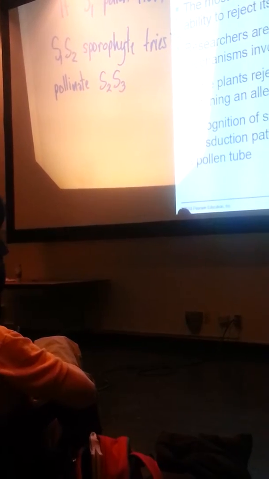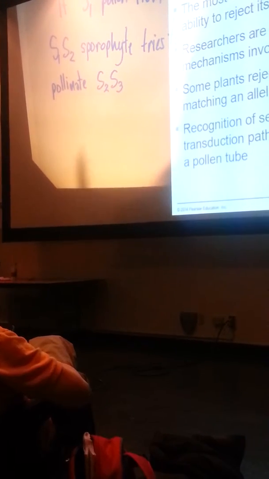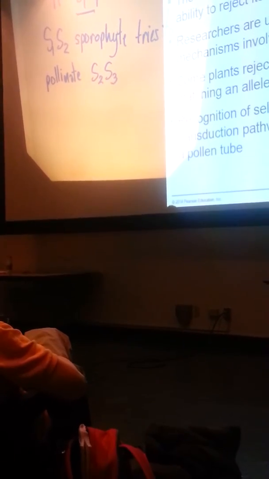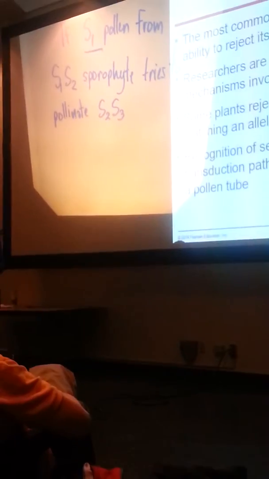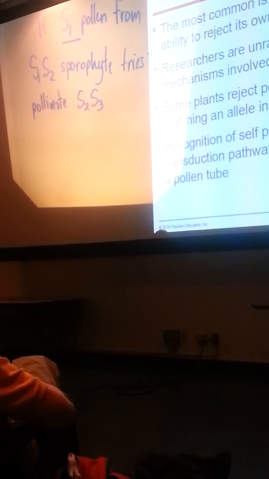Blocked, denied. Not going to happen. Because even though it is the S1 gamete, it recognizes via the coat of the pollen grain that it came from an S1, S2 parental genotype, and it will reject it.